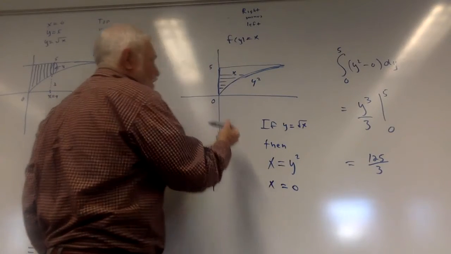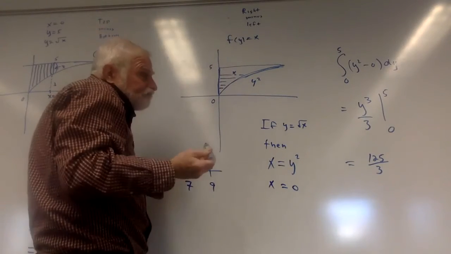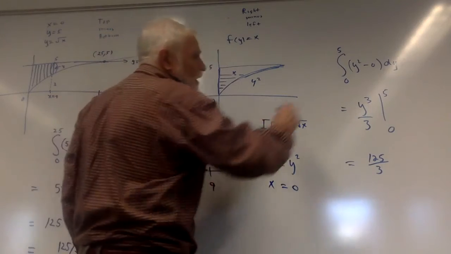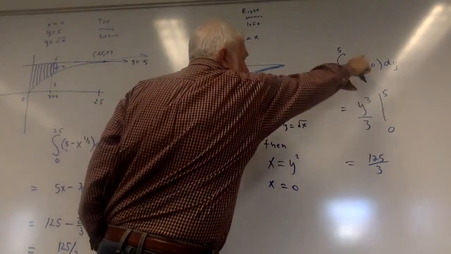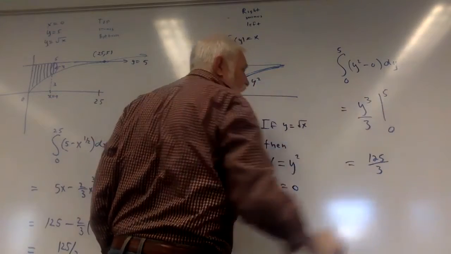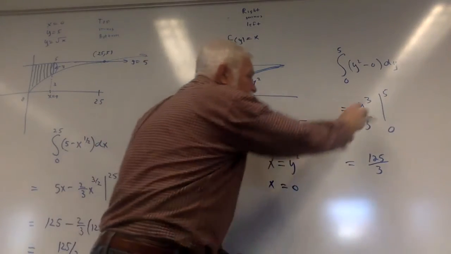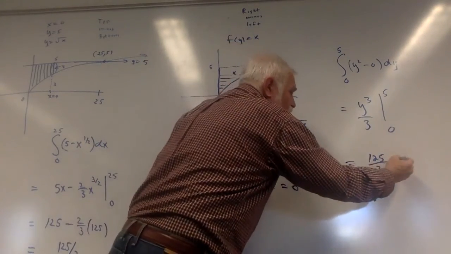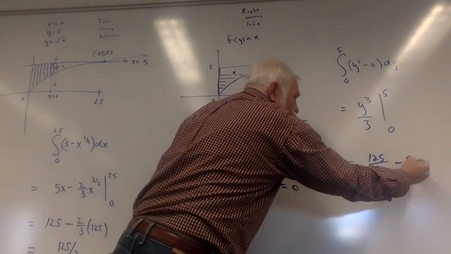All right, but we're going to go vertically from 0 to 5. Okay, so we can integrate y squared dy. It's just add 1, divide by that number. So y cubed over 3 from 0 to 5. And we can see that if we put 5 in, we get 125 over 3. And if we put 0 in, we get 0 over 3.